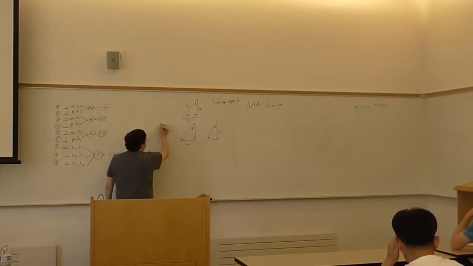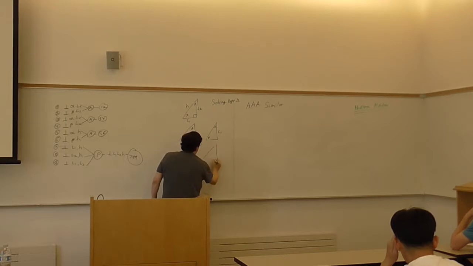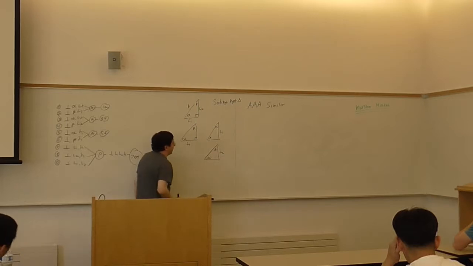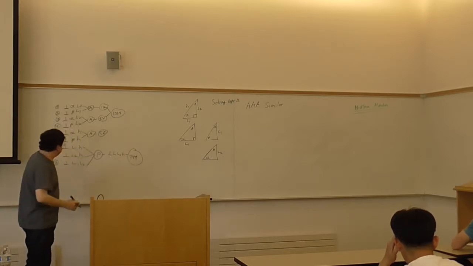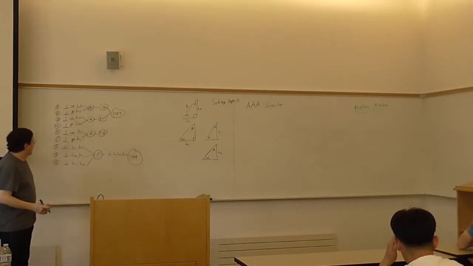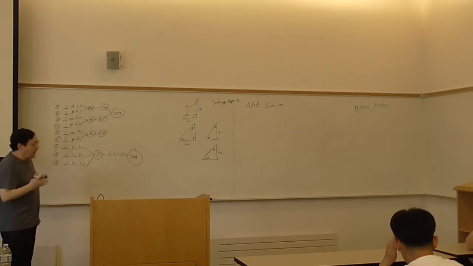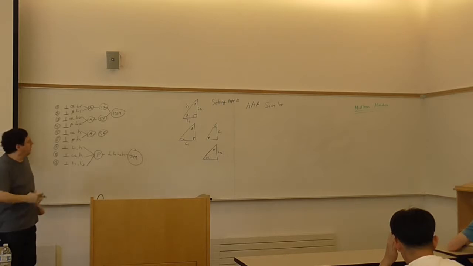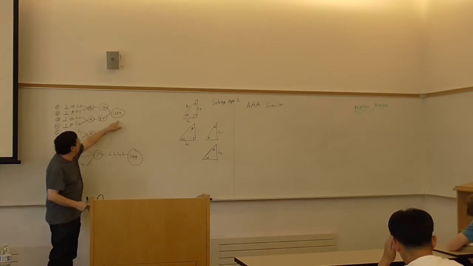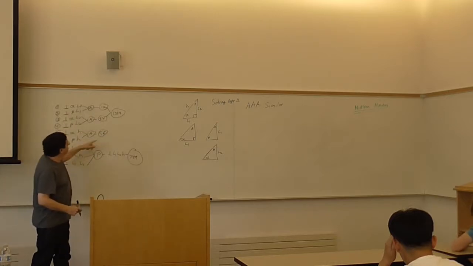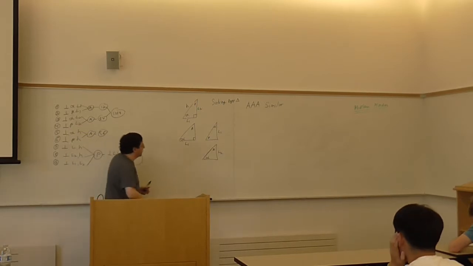But that looks the same as alpha, beta, L2. I've just relabeled it. So these are really the same problem. This is really 1, 2, 3, 4. I only have to solve it once. Now none of this really has to do with trigonometry yet. I haven't had to use any of my functions yet, but I've got it down to where 9 cases are now just 3 different problems to solve.